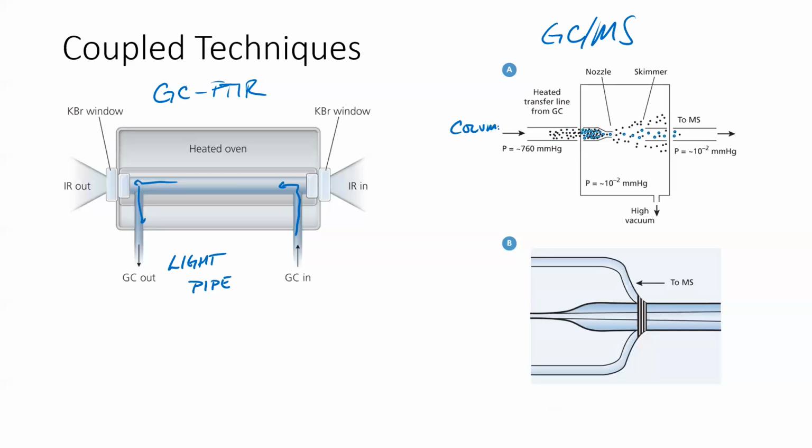The GCMS, again, we've talked about this already, but you have your column, right? It passes through this skimmer. We talked a little bit about a skimmer when we did electrospray ionization, and we talked about it in chapter 13. But the way that it works is, as you go through this nozzle, the lighter atoms have a broader spray as they go through a nozzle. There's a better word than spray, but I can't think of it off the top of my head right now.